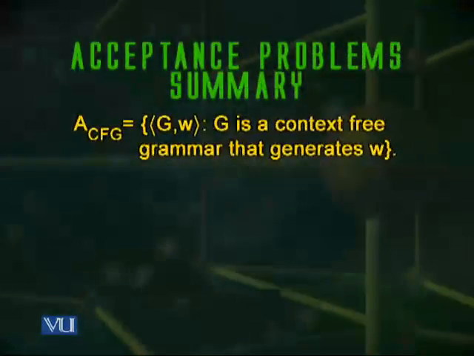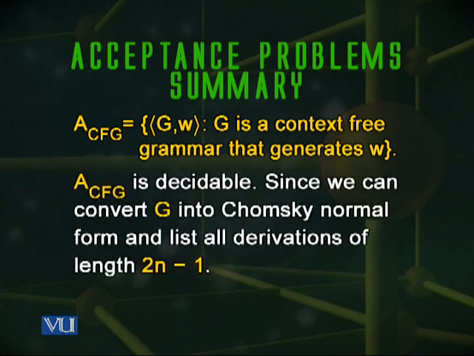Then what did we do? We looked at this other problem, which was A_CFG, where you're given a context-free grammar G and a string w, and you want to know if the grammar G generates this string w. Once again, we showed that this problem was decidable. The way we did that is we said, if I take a context-free grammar, we know algorithms that will convert it into Chomsky normal form.